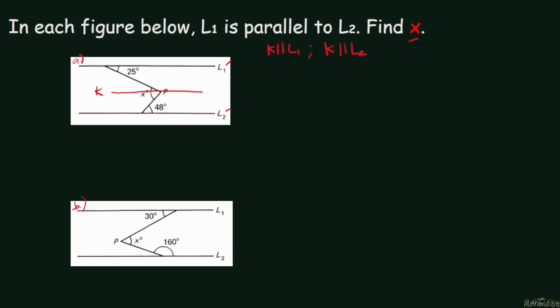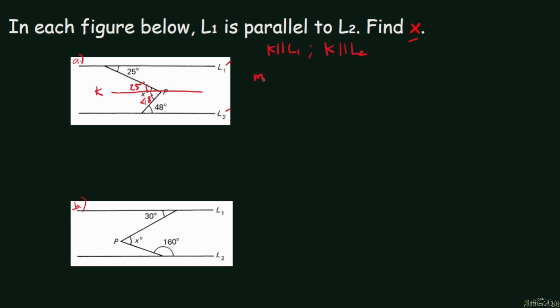So from the theorem of parallel lines with a transversal, we can say that this angle here is 25 degrees and this angle here is 48 degrees.